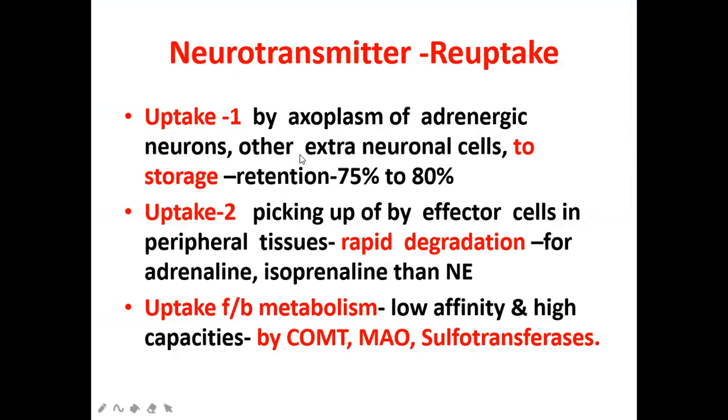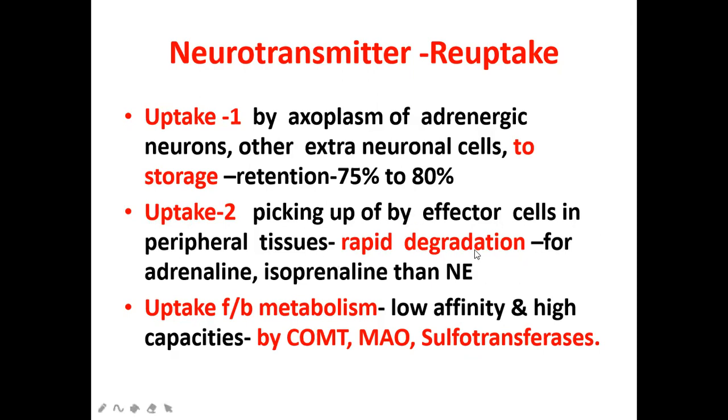In this mechanism there is retention of the neurotransmitter up to 75 to 80%. Another mechanism is called uptake 2, where the neurotransmitter is picked up by the effector cells in the peripheral tissues, and this results in rapid degradation.